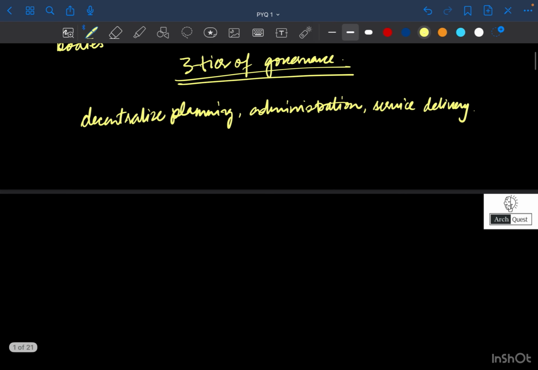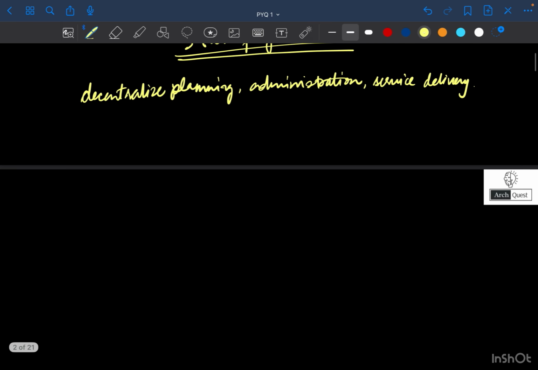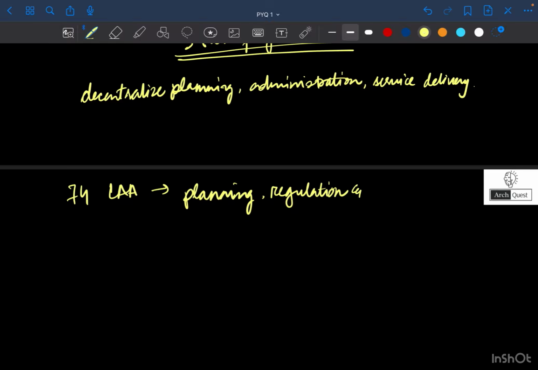Under the 74th Amendment Act, ULBs were responsible for the planning, regulation, and delivery of basic urban services.